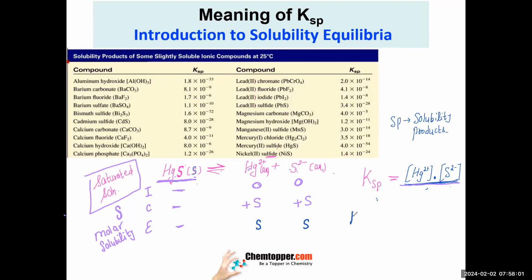What is the Ksp expression in terms of molar solubility? S times S, S squared, isn't it? So this is how I'm going to write down the Ksp expression for a salt in the ratio of 1 is to 1, AB type.